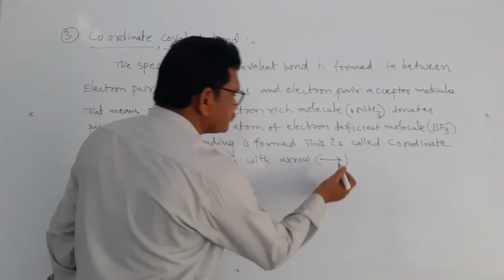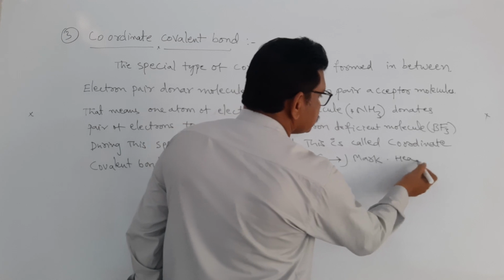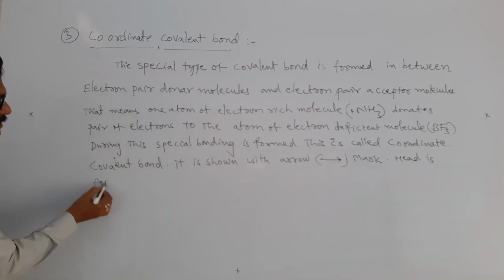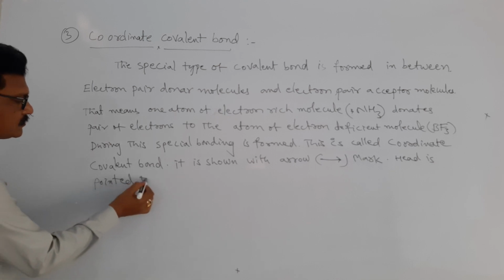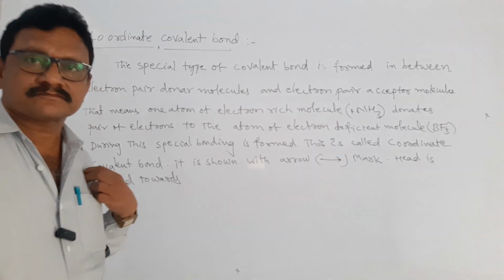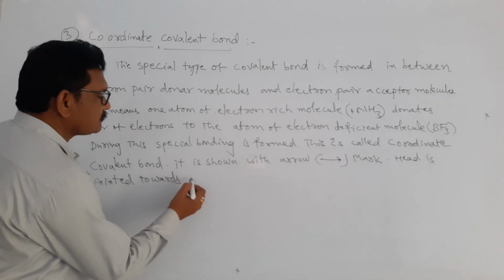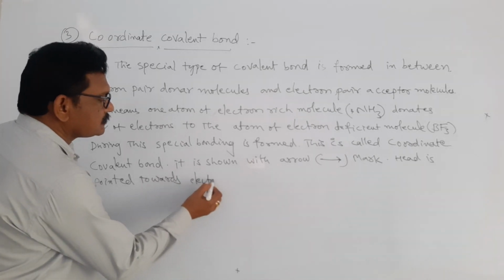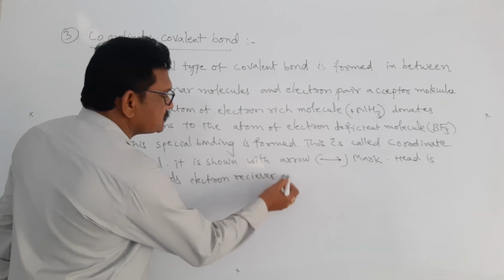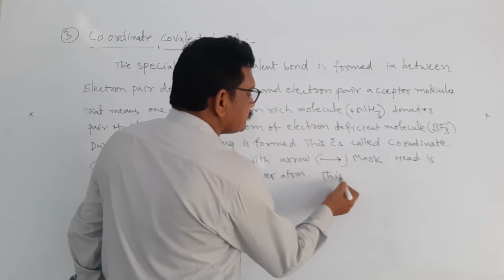Arrow mark means like this. The head is pointed towards the electron receiver atom.